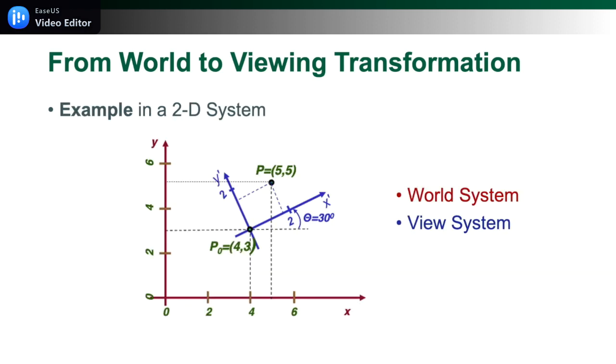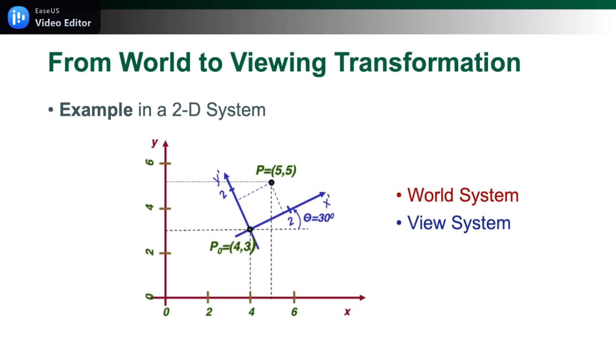But moving on, let's look at an example. To keep it simple, we are doing it in a 2D system so that the amount of calculations to be shown is less, but the principle remains the same. We have our world coordinate system in red and our user, or viewing, coordinate system in blue.